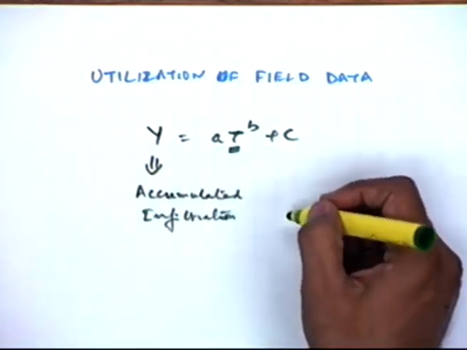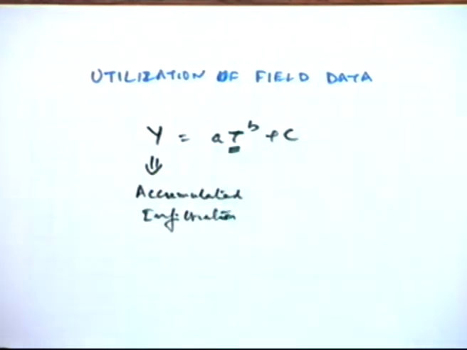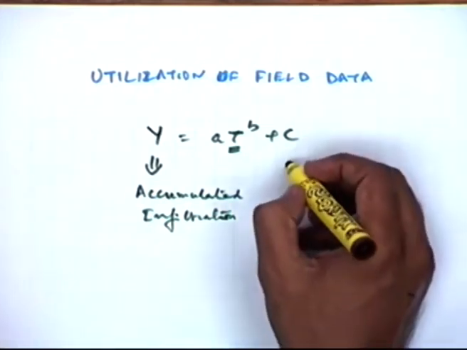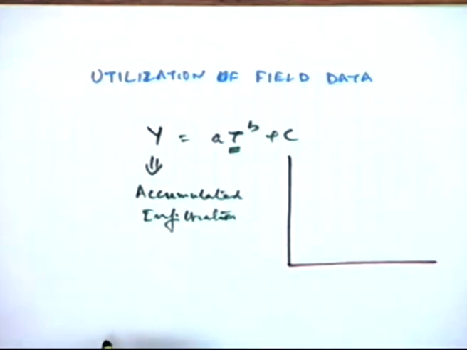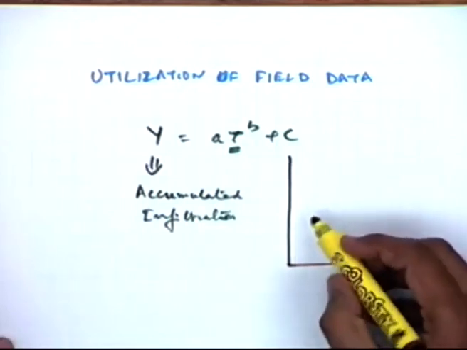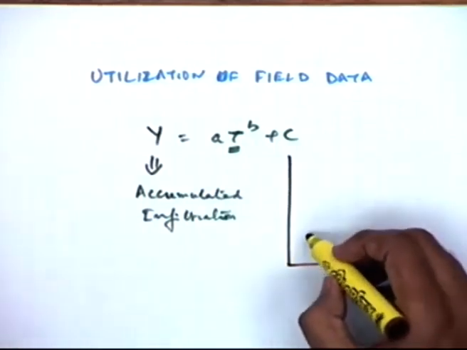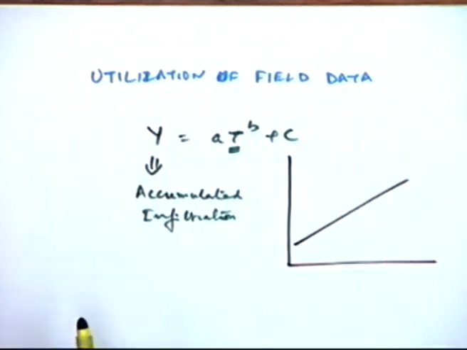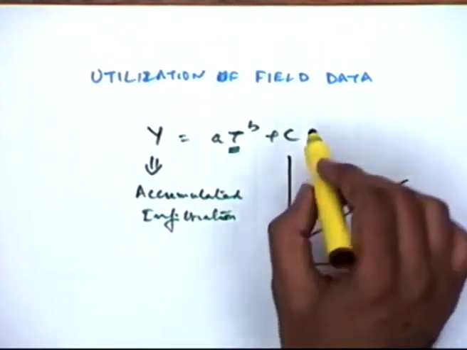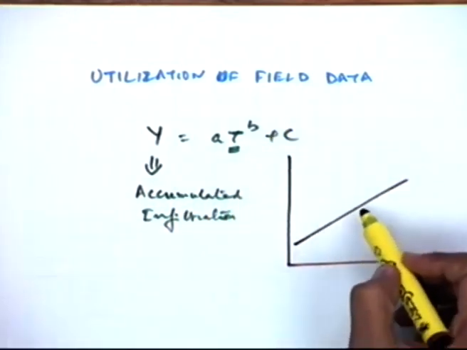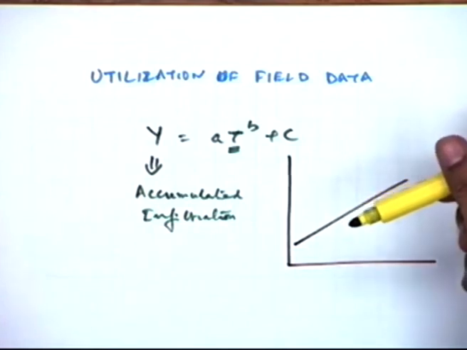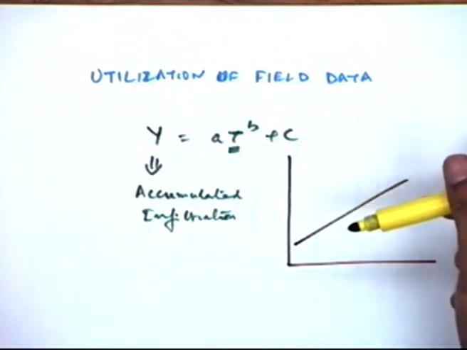So, in practice, what we do is that the observations which we have made, we plot them on a log paper, and on log paper this should represent a straight line, isn't it? Provided, in some cases you might find that there is a slight change of slope.